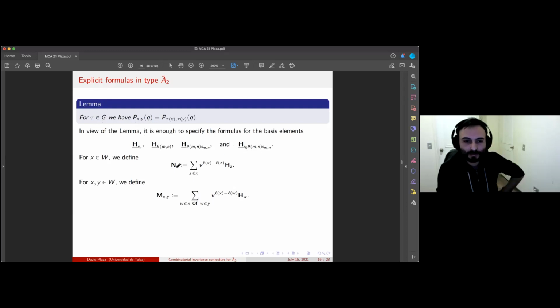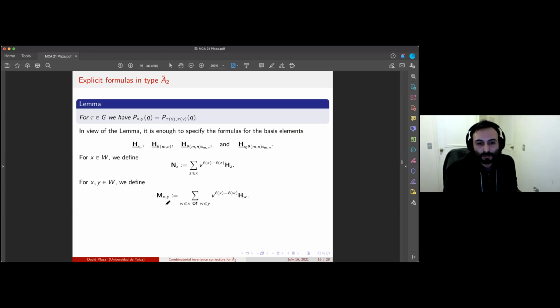Okay, so now we define 2 elements, the n elements and the m elements. So the n element is defined for any x in W, and it's just a sum of standard basis elements times a monomial, and this sum runs over the lower interval associated to x.